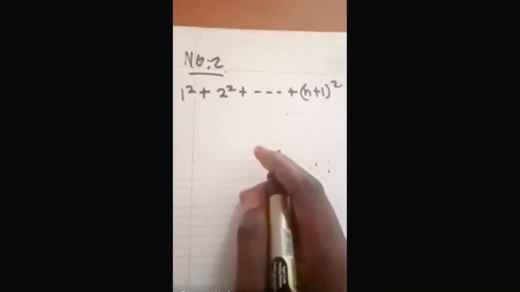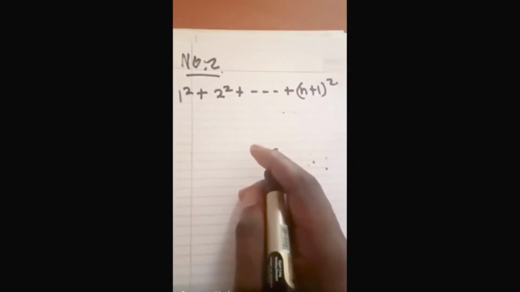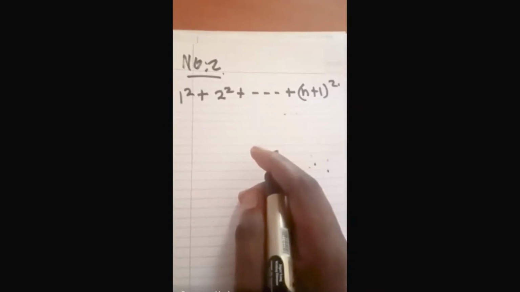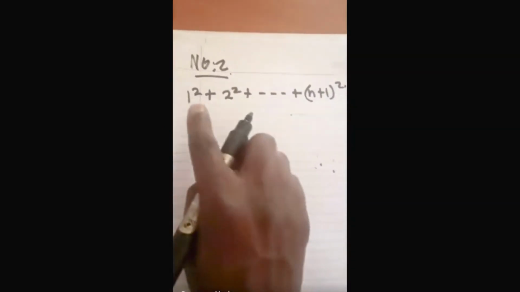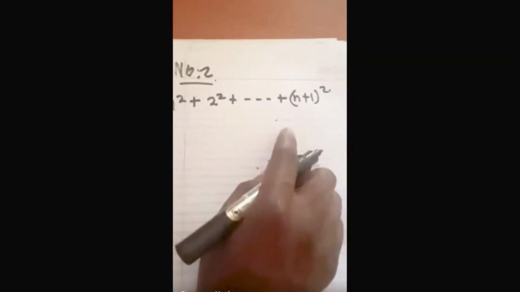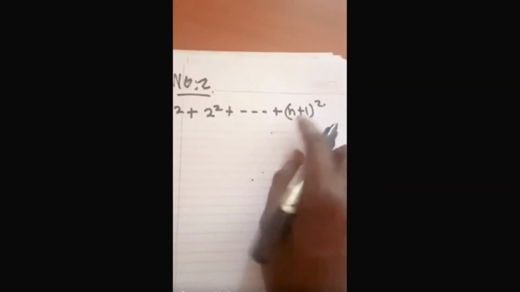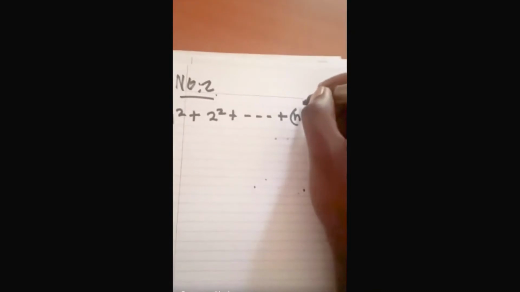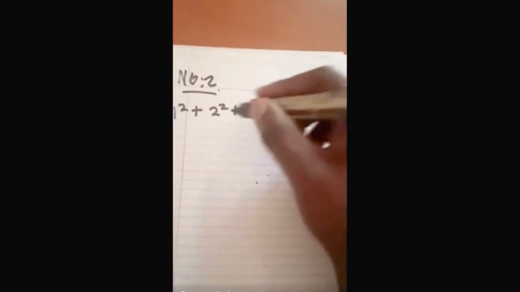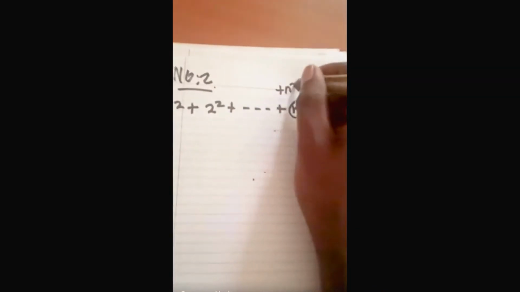Now, look at this expression clearly. This is like we are dealing with equation number 2. But now, the difference with the other expression is that it was stopping on n squared, and now they have added n plus 1 squared.